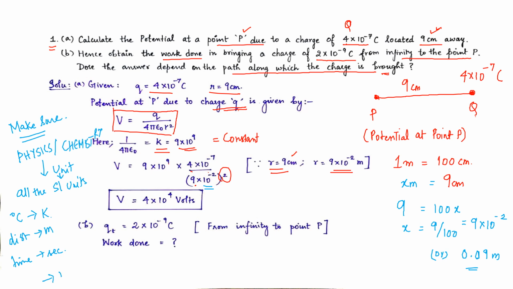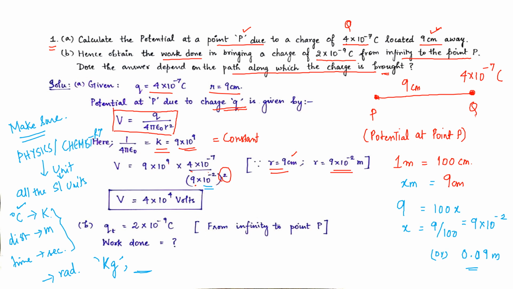Instead of degree there should be radians. Other than that, gram is not an SI unit, kg is an SI unit. Any other basic unit which you remember, you can make a chart of it, and always make sure that you are using these SI units instead of the general units given in the question. If you use general units, you may get a wrong answer. So make sure that you are not making such silly mistakes.